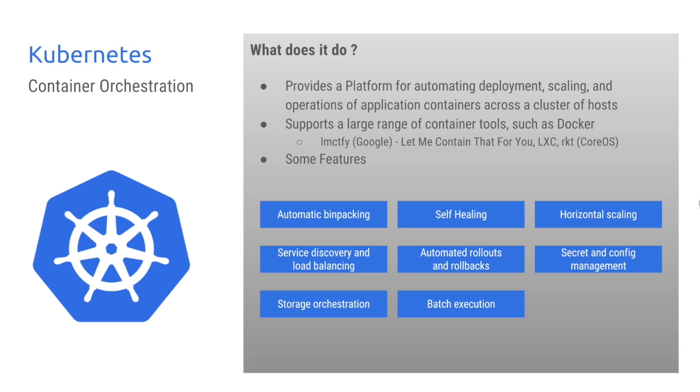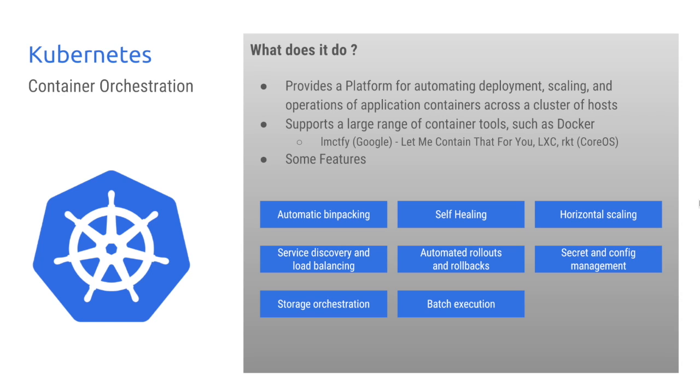Secret and configuration management. You can deploy and update secrets to your application without revealing those and without rebuilding your images, so it allows you to maintain security in that way. Storage orchestration.